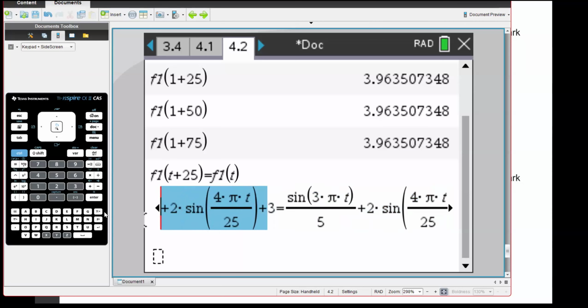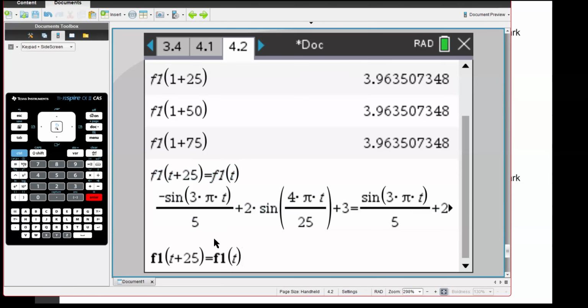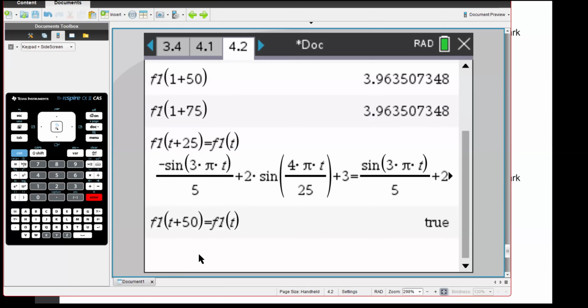I don't think it's true. So if 25 doesn't work, I try 50. True. So it was somewhat helpful on the 25 thing, but if you write down period is 25 hours, I don't think it's the correct period. The actual correct period should be 50.